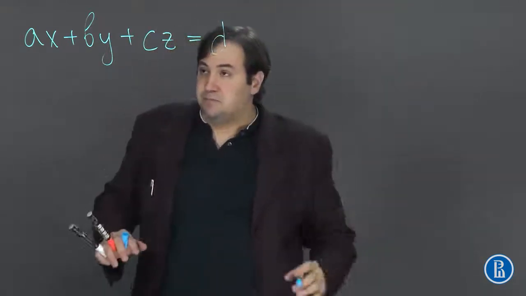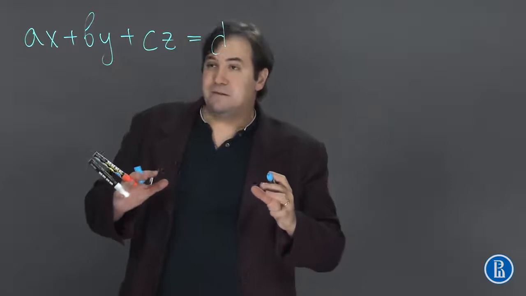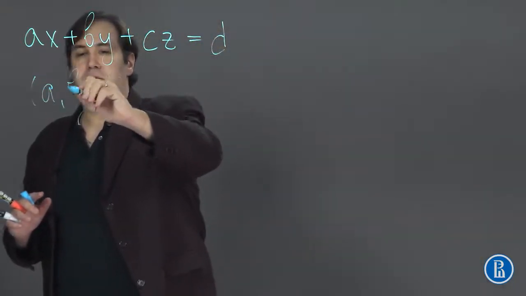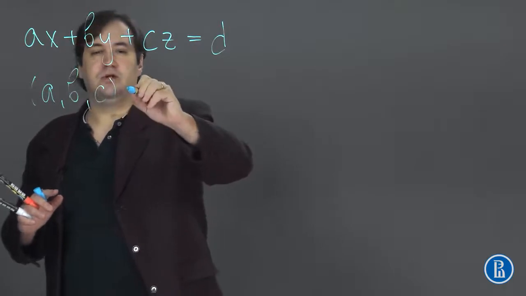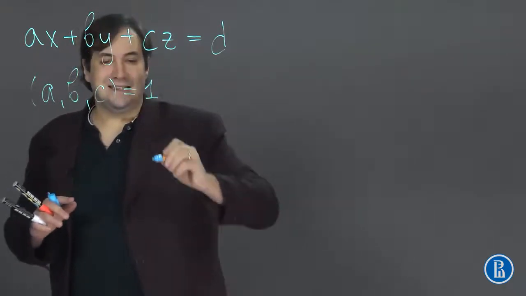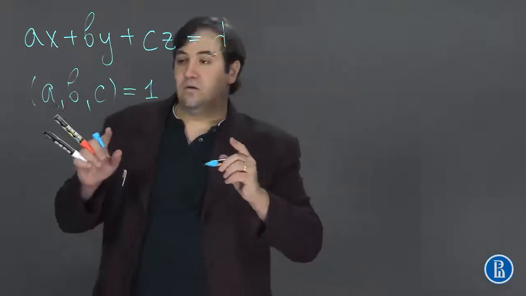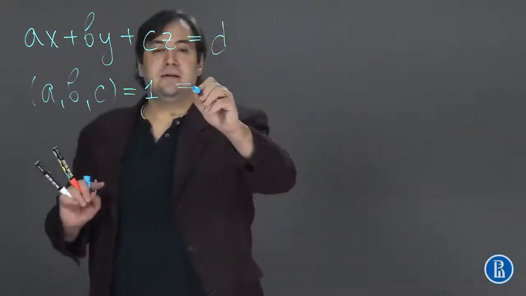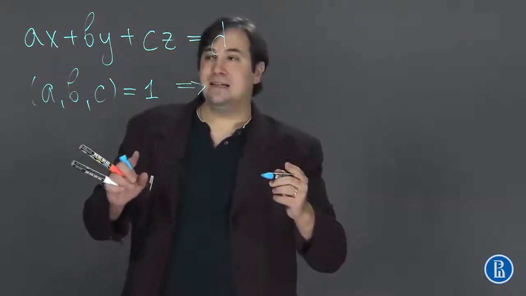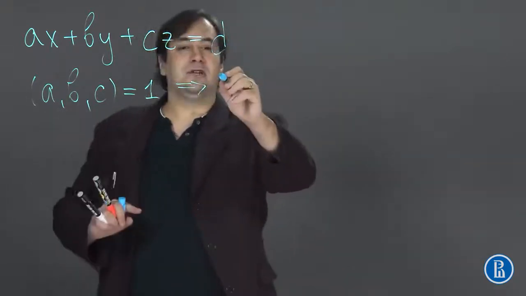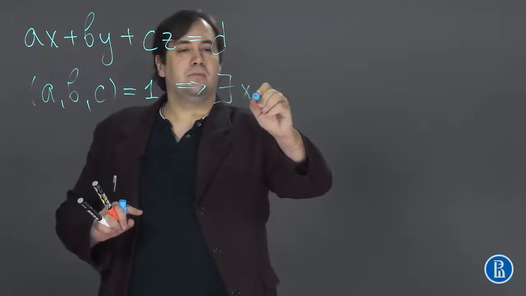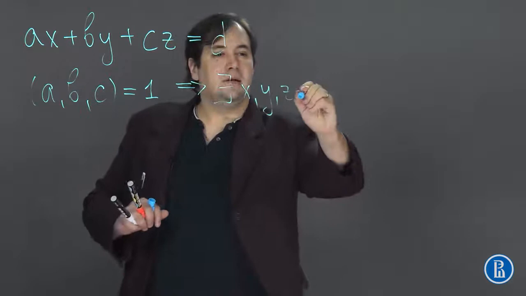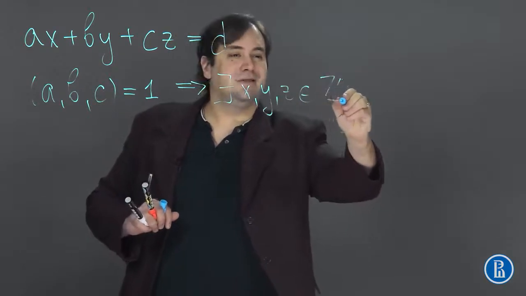And I would like to show that if a, b, and c are mutually prime, which means that the greatest common divisor of all three of these coefficients is equal to 1, then there exists an integer solution of this equation.